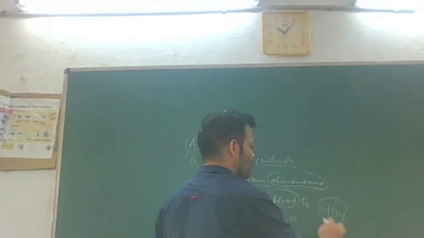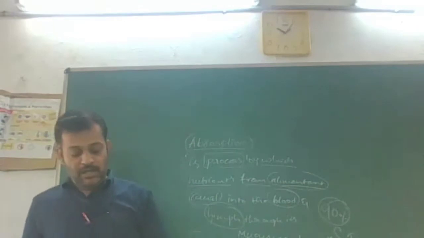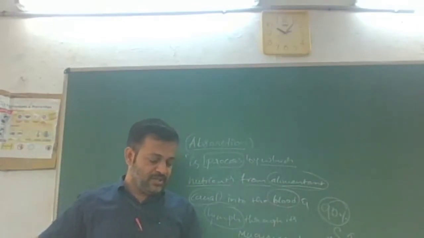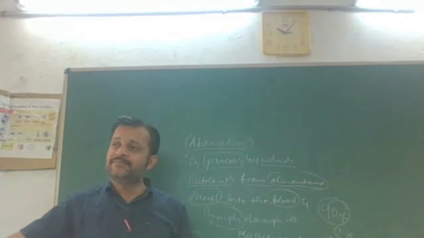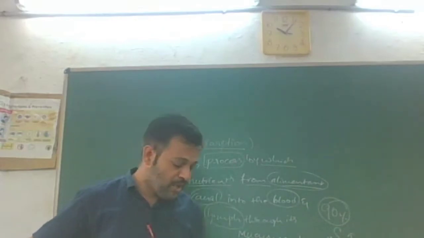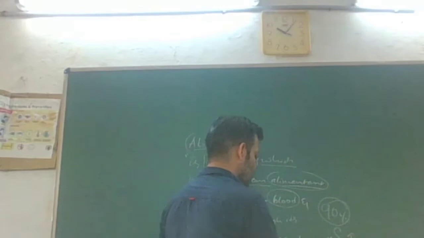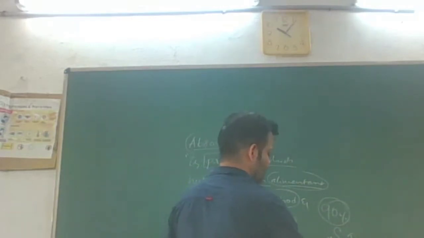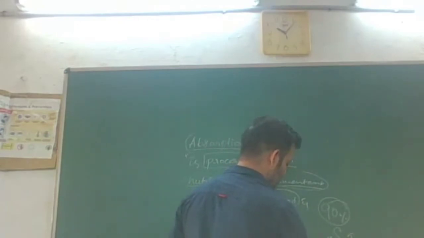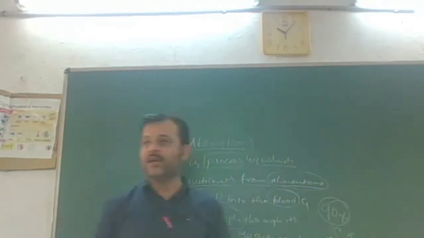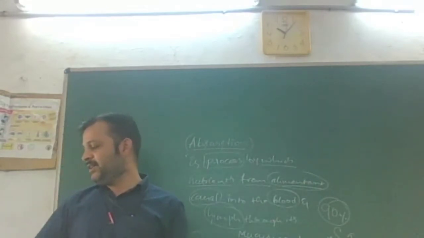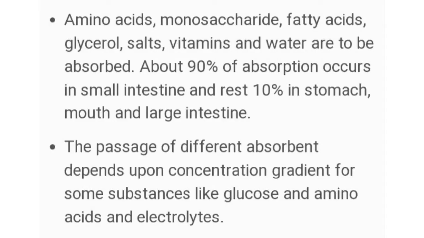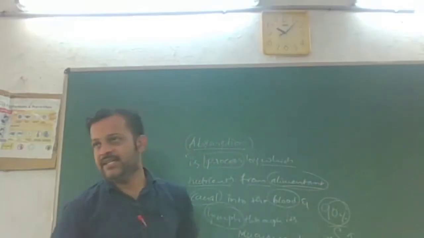The remaining 10% is absorbed in the stomach, mouth, and large intestine. So you have to remember 90%. 90% of the food, whether carbohydrate, protein or amino acid, is absorbed in the small intestine.